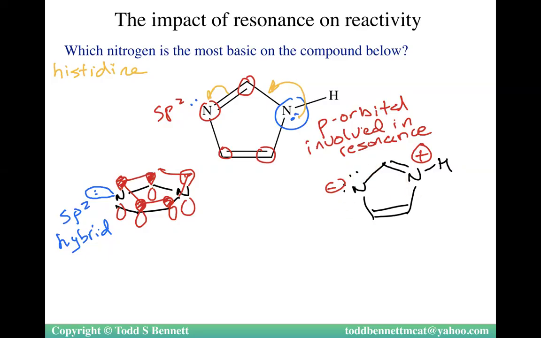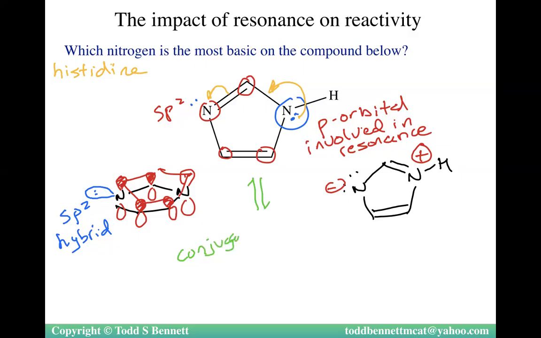So some professors, some books will tell you, instead of answering this question by deciding which one has a more negative site, just go ahead and put an H plus on there and see what happens. So put an H plus here, you lose resonance. Put an H plus here, you still have resonance. So if I were to add an H plus to this structure, I'm going to draw the so-called conjugate base and conjugate acid pair.